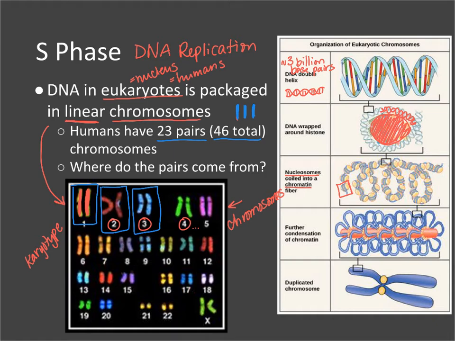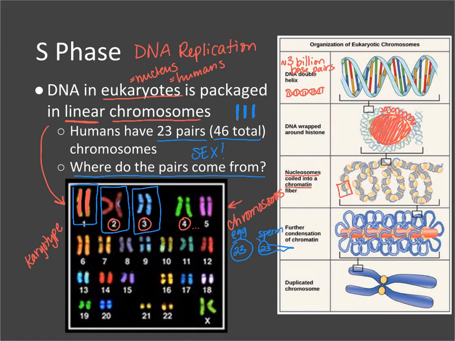So if we answer the question, where did these pairs come from? They really come from sexual reproduction. Approximately 9 months before you were born, your parents had sex, and that's how they made you. Your mom had an egg, and that egg had 23 of these bar-shaped chromosomes in it. Your dad had a sperm that also had 23 of these chromosomes.